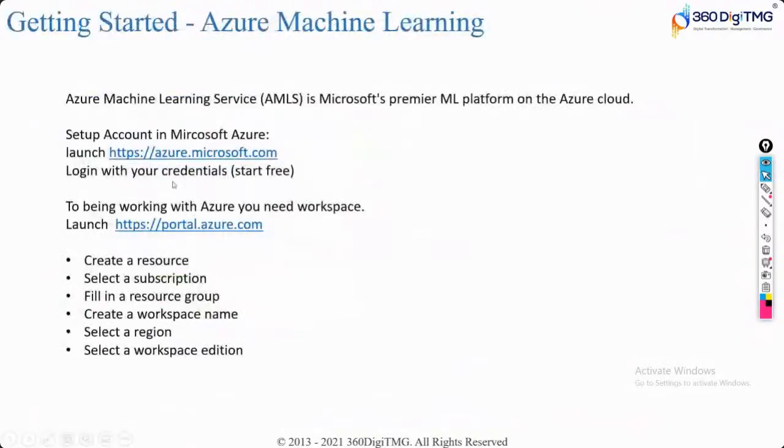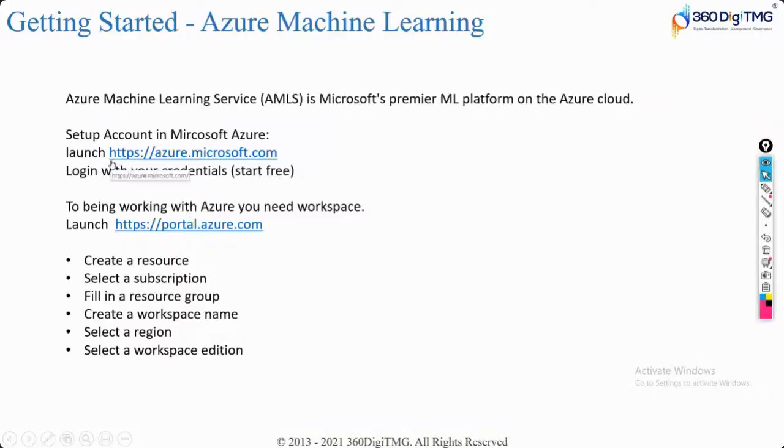So this is basically the portal that you have to log in to. The Azure services can be accessed through azure.microsoft.com. You have to create your account. If you are already a Windows user, and if you have a registered account, then you can log in through that account and you'll be able to access free services.